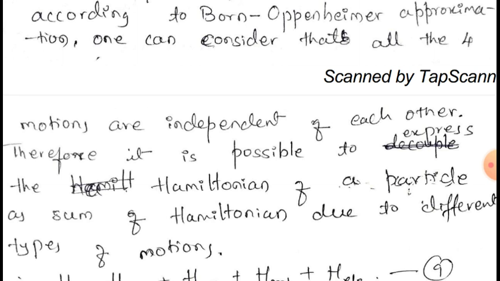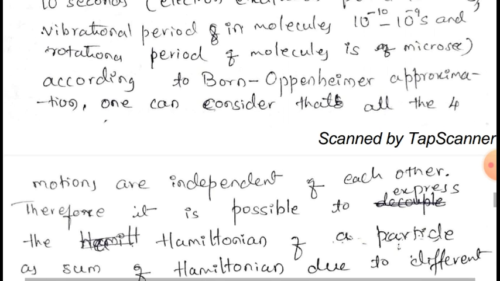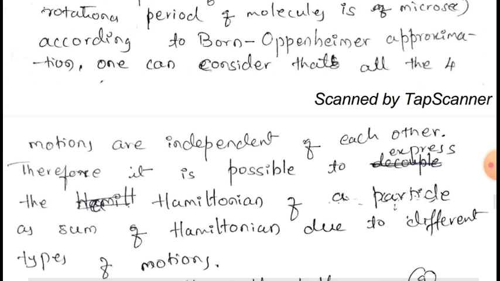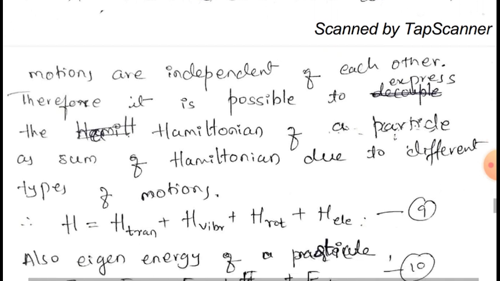But here we are not considering that kind of interaction, because the time periods are very different. And Born and Oppenheimer showed quantum mechanically that one can easily decouple those motions, and we can consider those motions as totally independent.